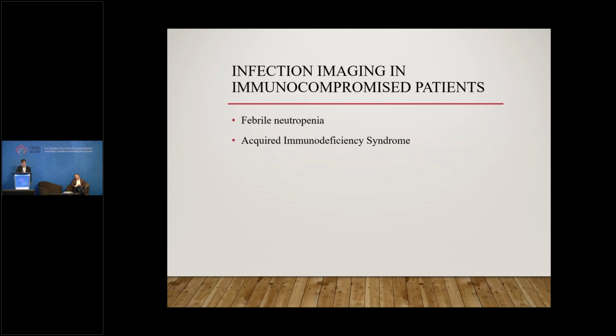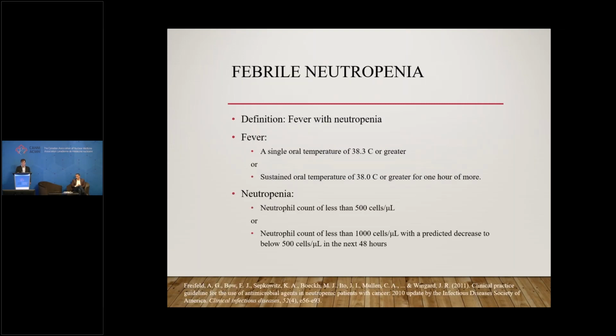So febrile neutropenia, the definition is a fever and neutropenia. Fever is a temperature greater than or equal to 38.3 degrees Celsius, or sustained oral temperature of 38 degrees Celsius or greater for more than 1 hour.